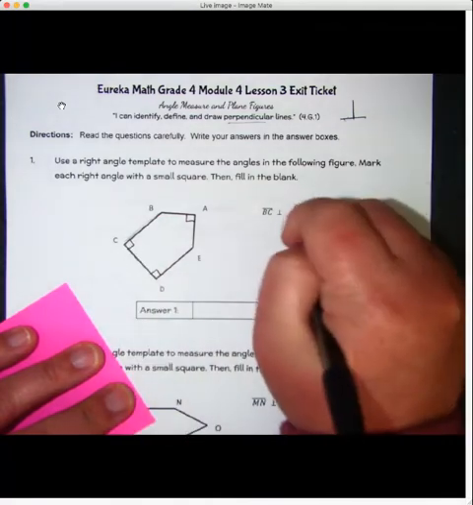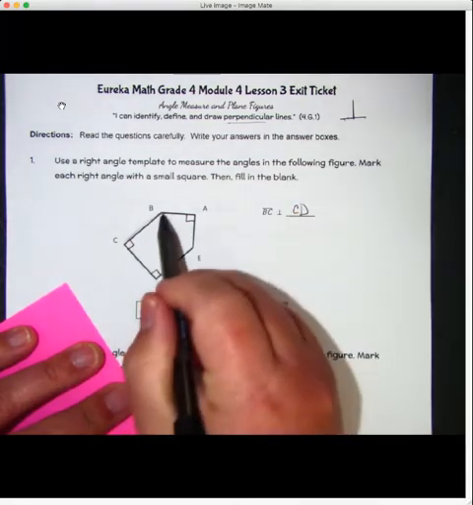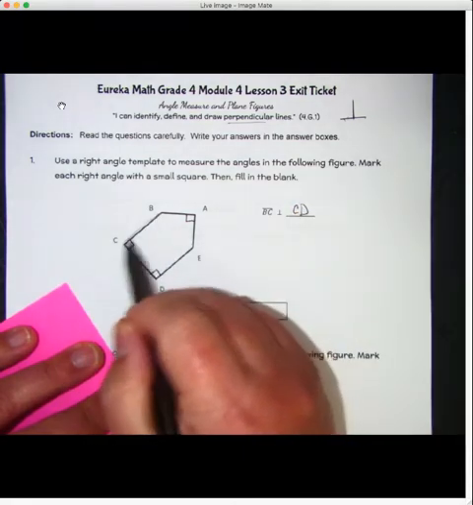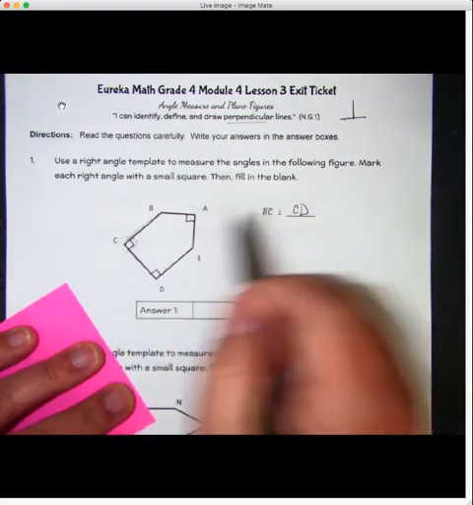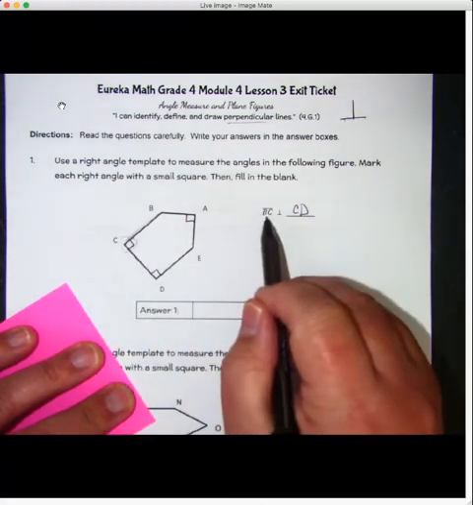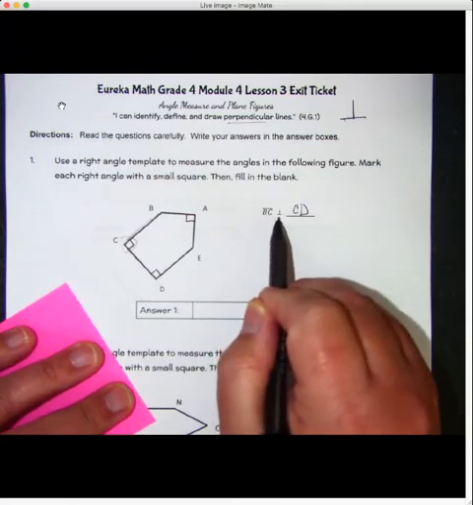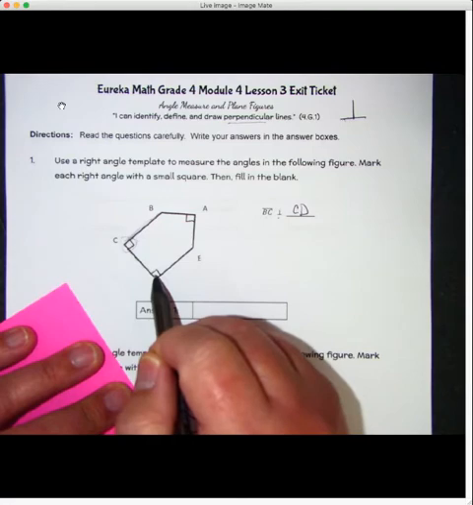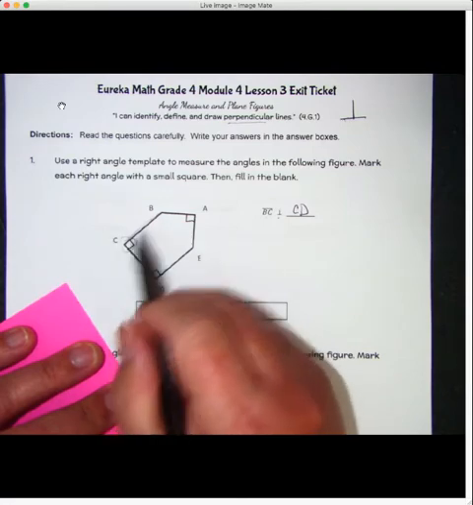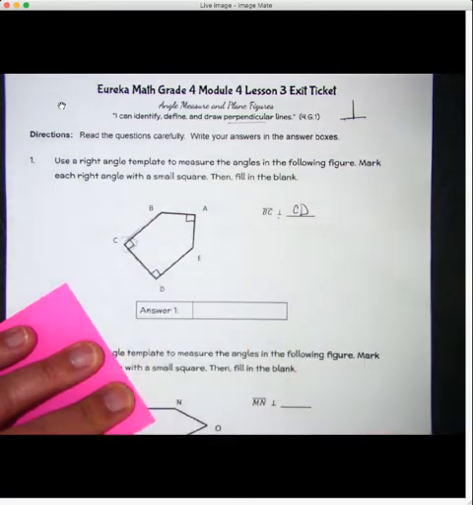Okay? You see that? Line segment BC makes this right angle right here with line segment CD. So in other words, line segment BC is perpendicular to line segment CD. Perpendicular line segments or lines form a right angle where they meet.